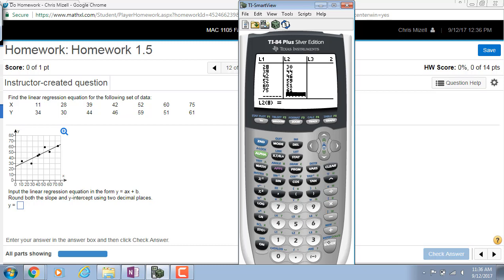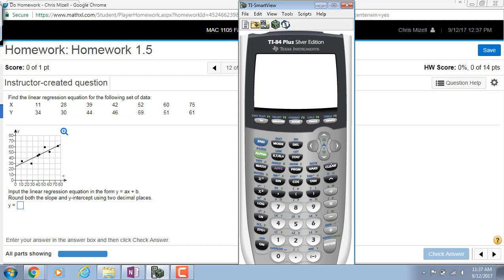Go. Quick look to double check that those are the same as the ones that were given. Seems okay. Second quit.